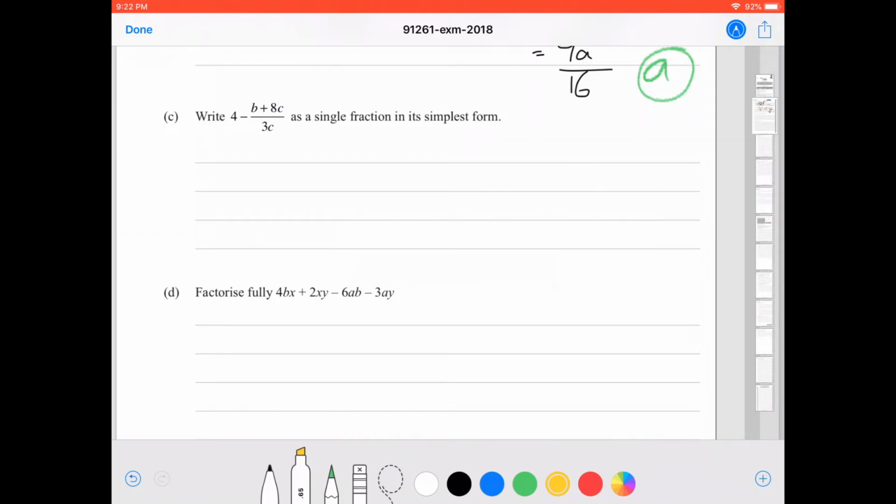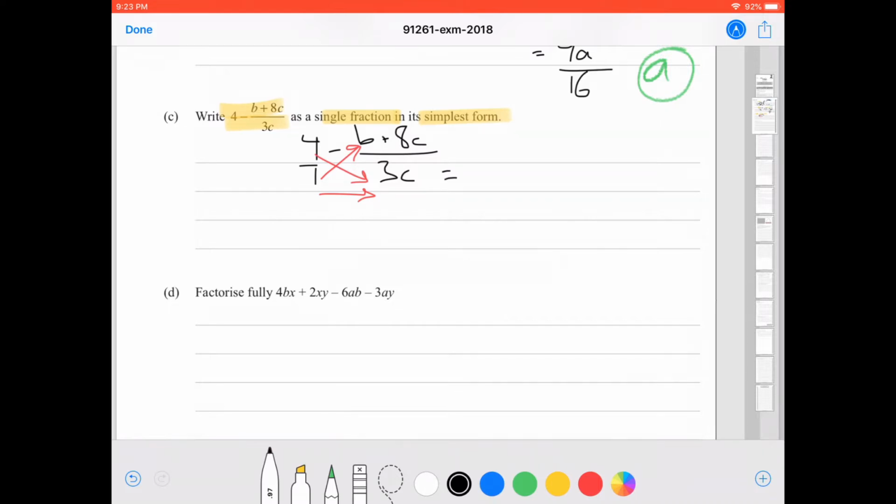It says write 4 minus this fraction, b plus 8c over 3c, as a single fraction in its simplest form. So we've got 4 minus, as always, we just write out our expression. And so here we are going to be cross multiplying, and what I mean by that is multiplying diagonally like this, and also multiplying our denominators.